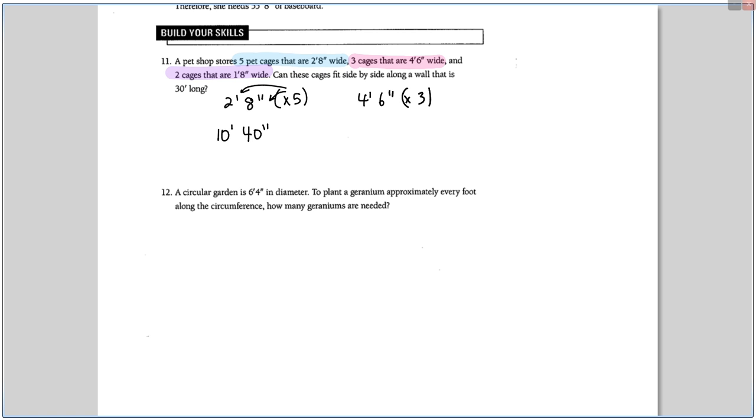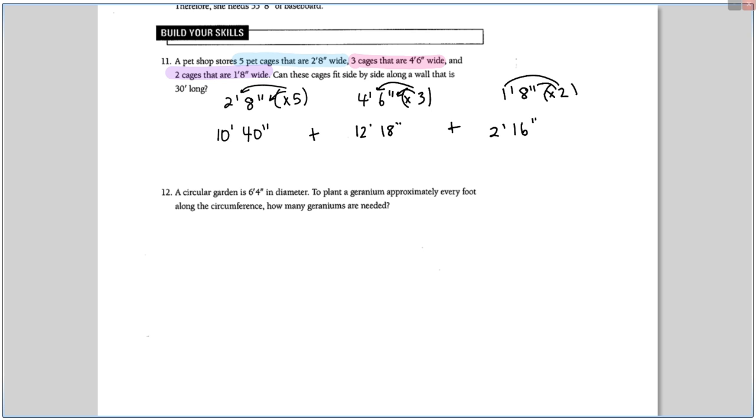So 3 times 4 is 12 feet, 3 times 6 is 18 inches. And the last one, 2 cages that are 1 foot 8 inches, so times that by 2. So 2 times 1 is 2 feet, 2 times 8 is 16 inches.